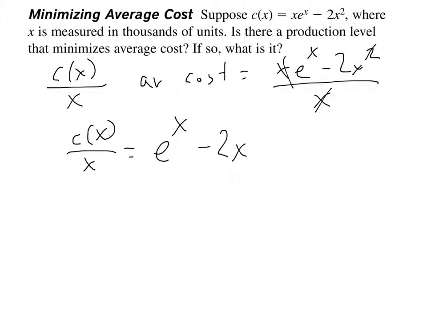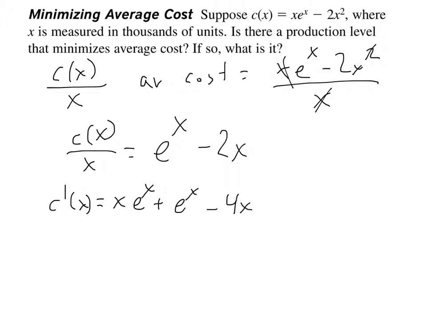So when is the average cost equal to the marginal cost? Okay, so I need to find c prime of x. So first times the derivative of the second plus second times the derivative of the first, minus 4x.